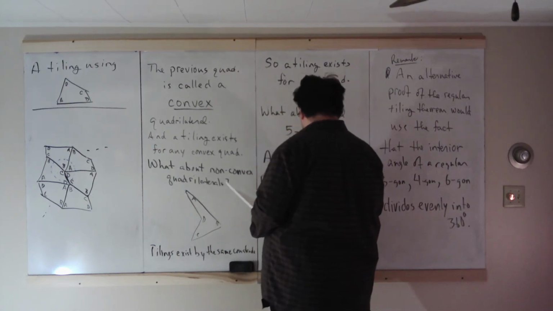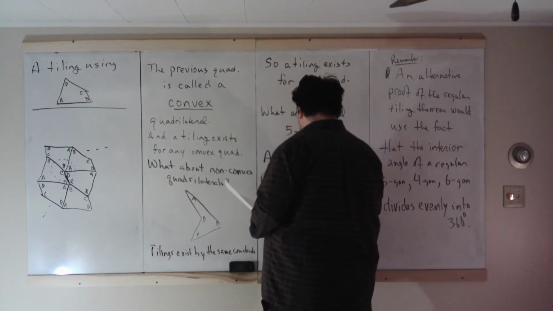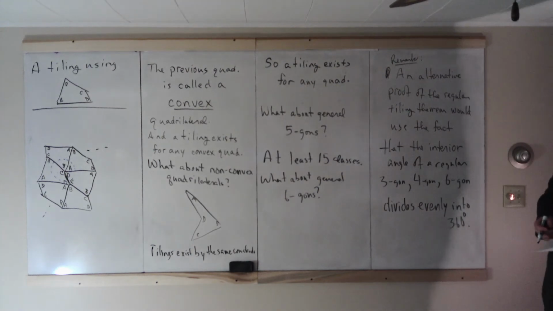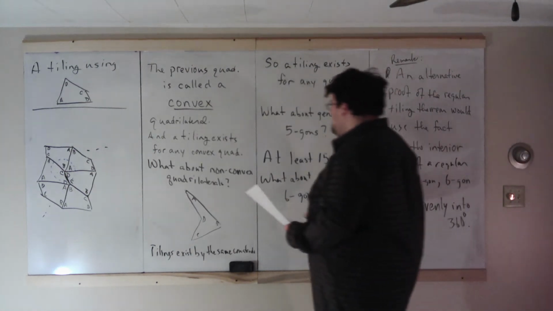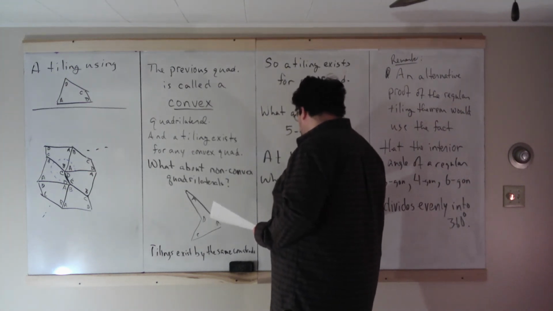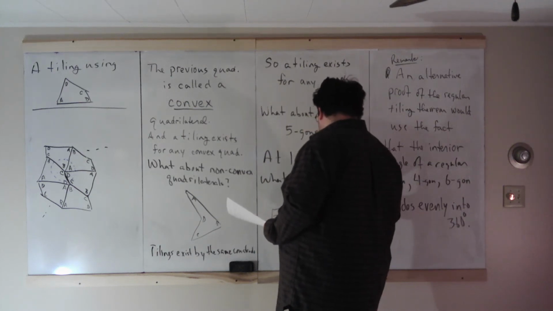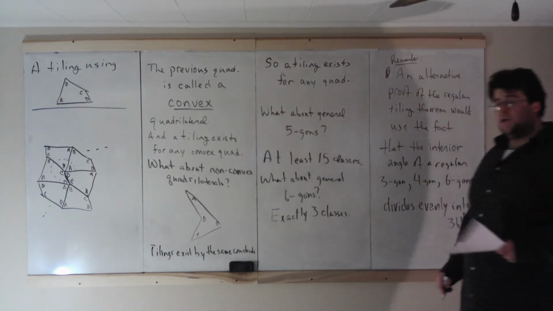What about general six-gons? Well, the question for six-gons and higher has been answered. General six-gons, and these are all in the textbook, there are exactly 3 classes of general six-gons that tile the plane.